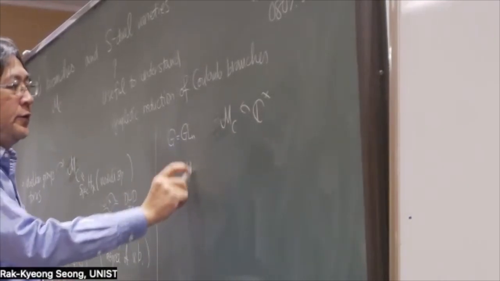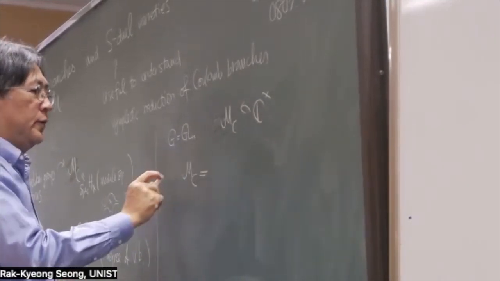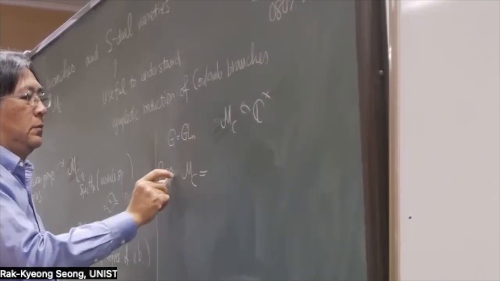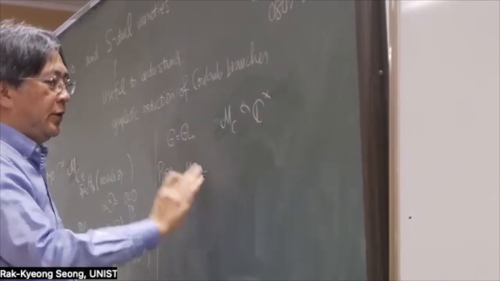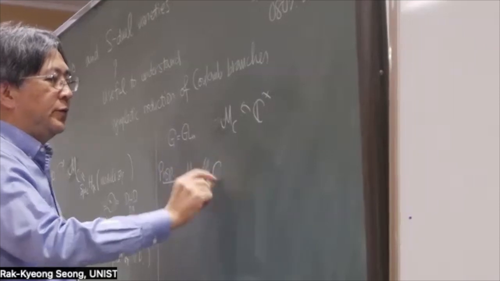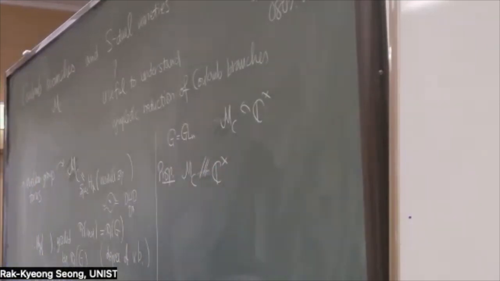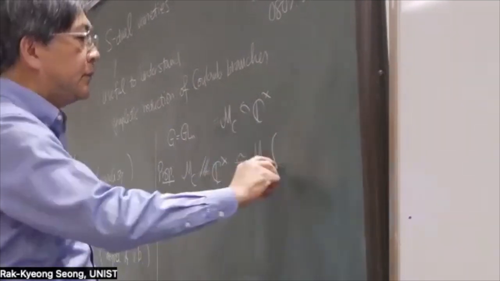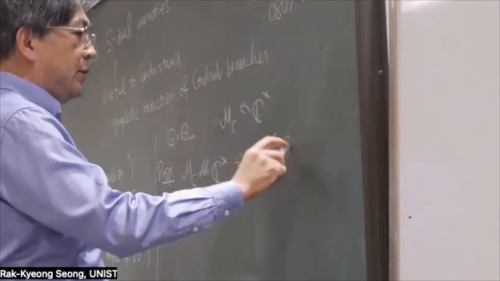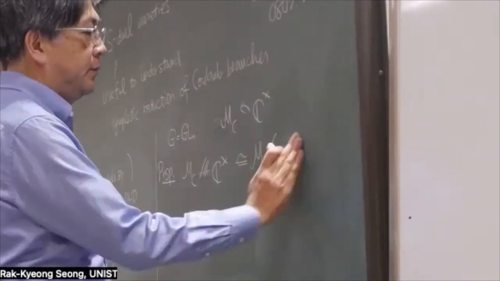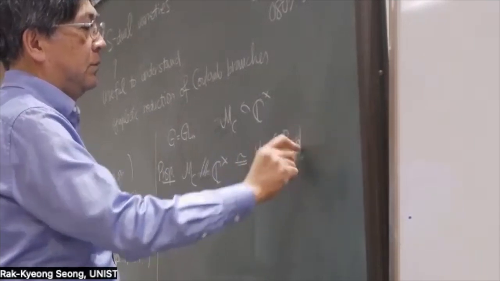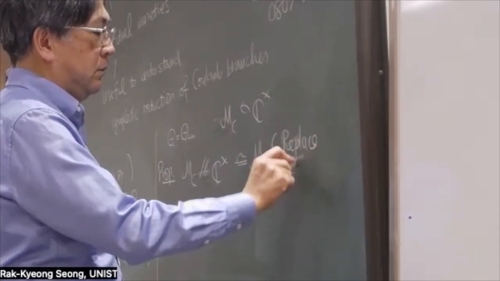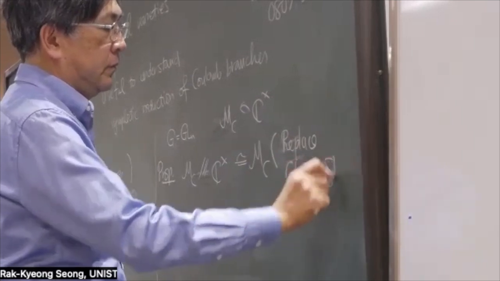And in this case, one can show that the quotient of MC, the symplectic reduction of MC by C star, is another Coulomb branch, but you replace GLN by SLN.